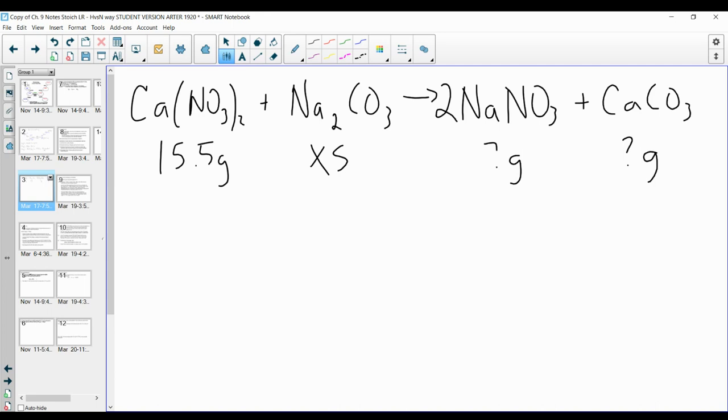So let's go ahead and move through step one, and we're going to convert 15.5 grams of calcium nitrate, Ca(NO3)2, and we are going to go to the NaNO3 first.